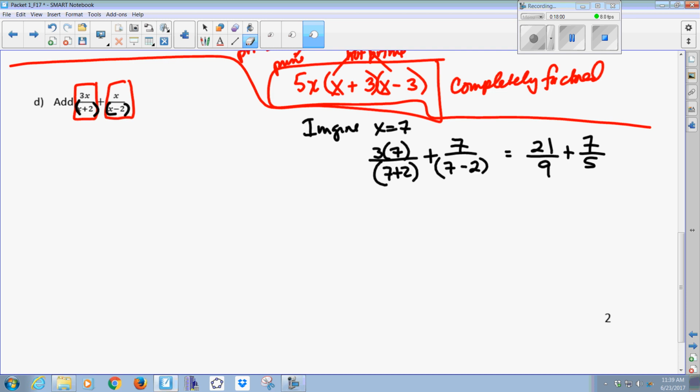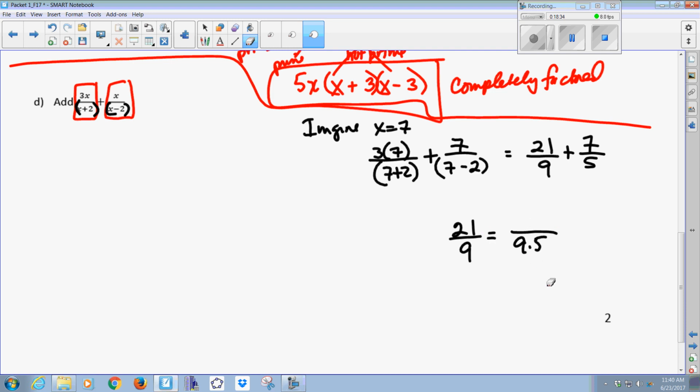So if we were asked to add these two fractions, notice 5 is prime, and even though 9 isn't prime, it's made up of 3 times 3. So they don't share any common factors at all. So to find the common multiple of these two denominators, you simply multiply the 9 times 5 together to get 45. So your job now would be to take 21 over 9 and make it an equivalent fraction to some number over 45.